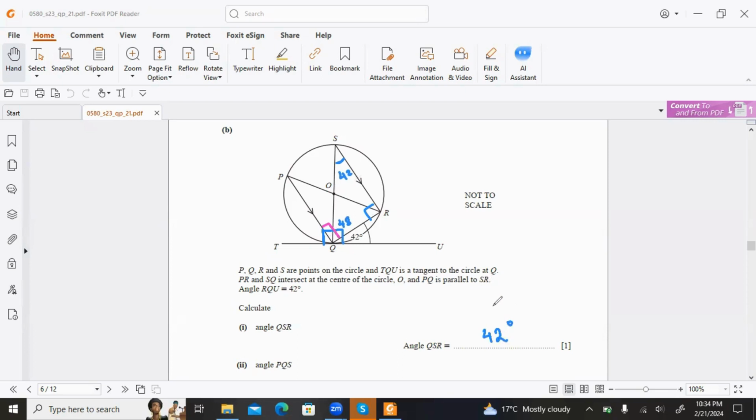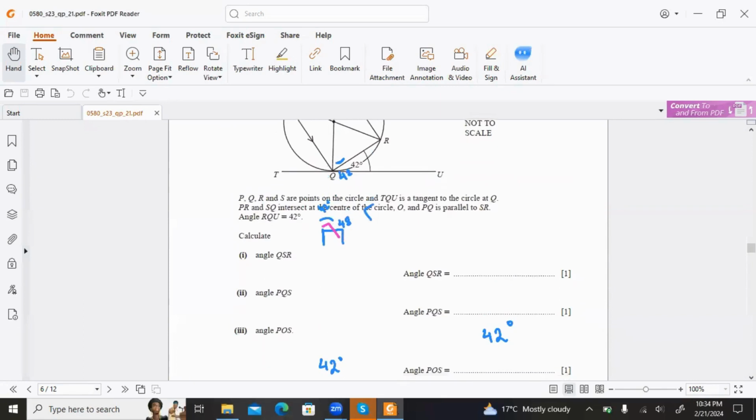Then it says angle PQS, this one. This would be 42 as well. Why? Because we have two parallel lines, and in parallel lines, alternate angles are equal. So if angle QSR is 42, then angle SQP would also be 42.